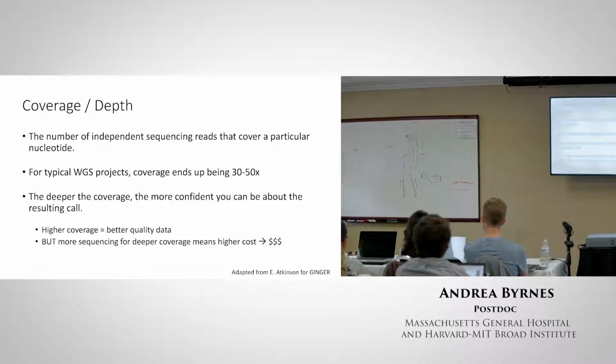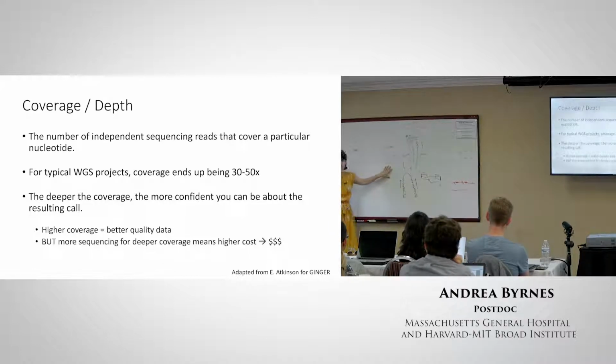Eventually, across many, many people, you're going to get some information about every location in your cases in general, and some information about your controls in general. And so if an allele is much more common in cases than it is in controls, even though I've only done a couple of reads at every locus, or in some cases no reads at every locus, if there's an A allele and a B allele at a certain site, all I need to be able to say is that I'm confident that it's more prevalent in cases than in controls.